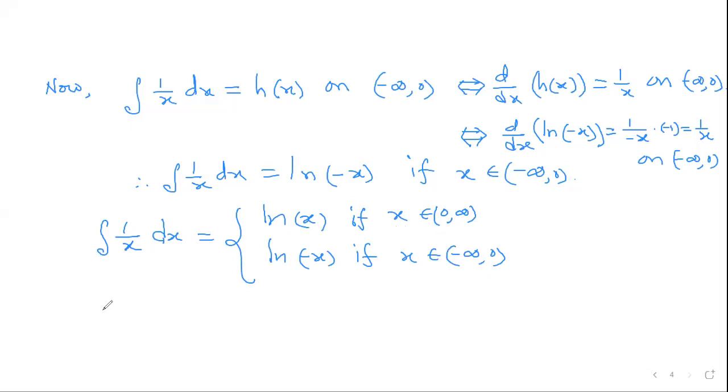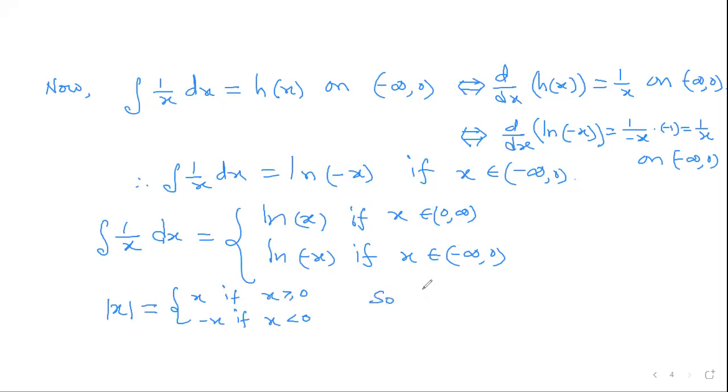So if you want to calculate the integration of 1 over x dx, when you solve a differential equation, this kind of situation can arise. Altogether, the absolute value function is defined as x if x is positive or 0, and negative x if x is negative.